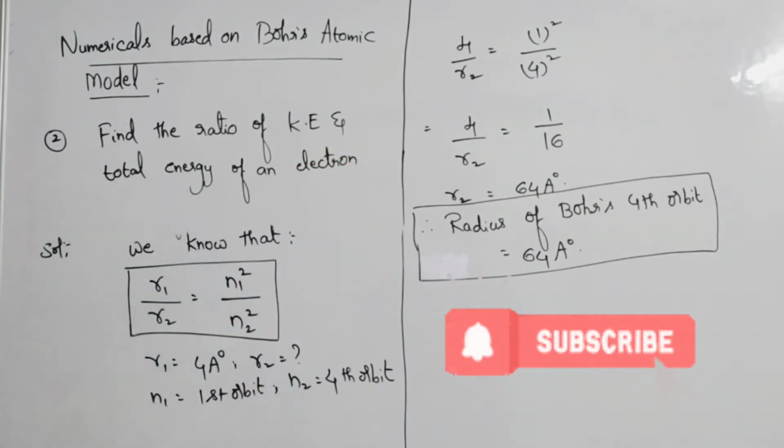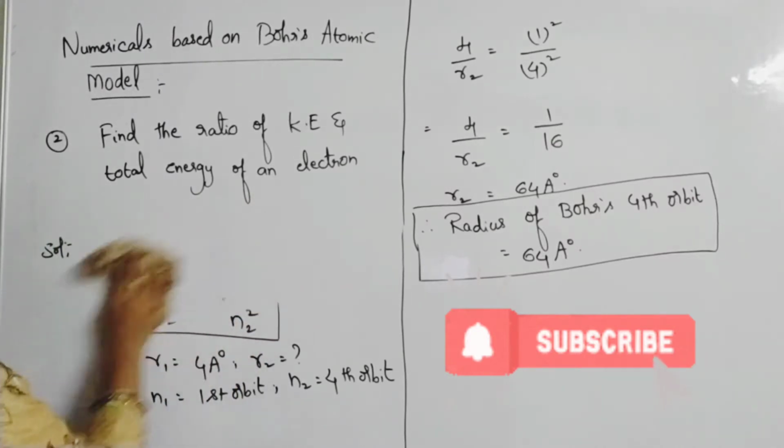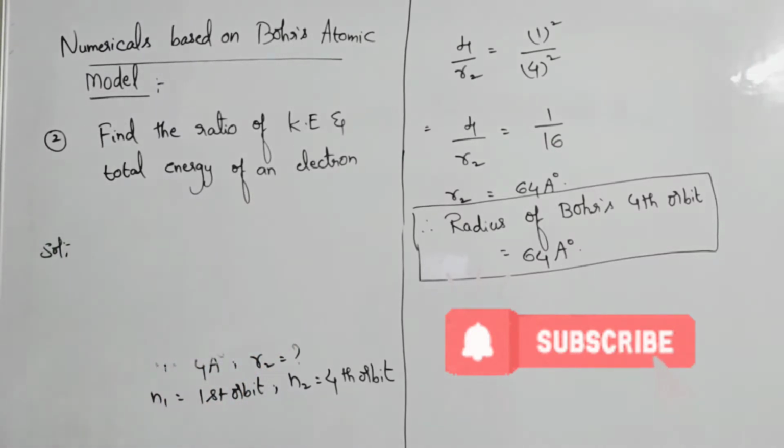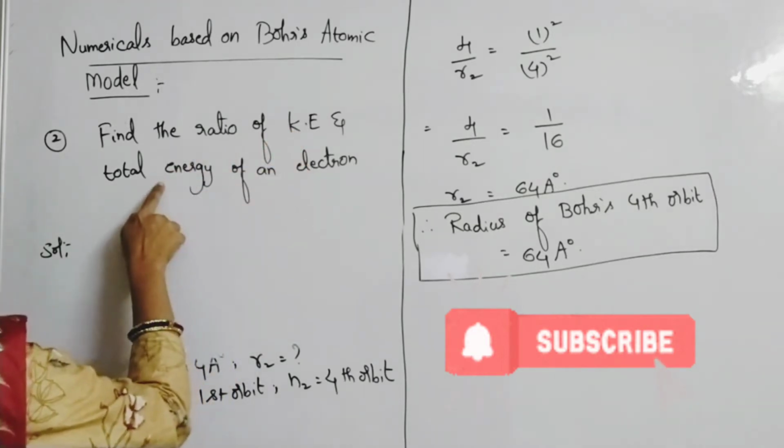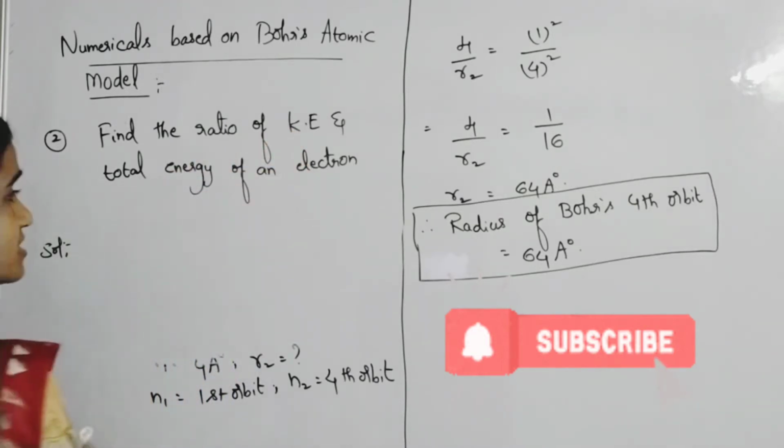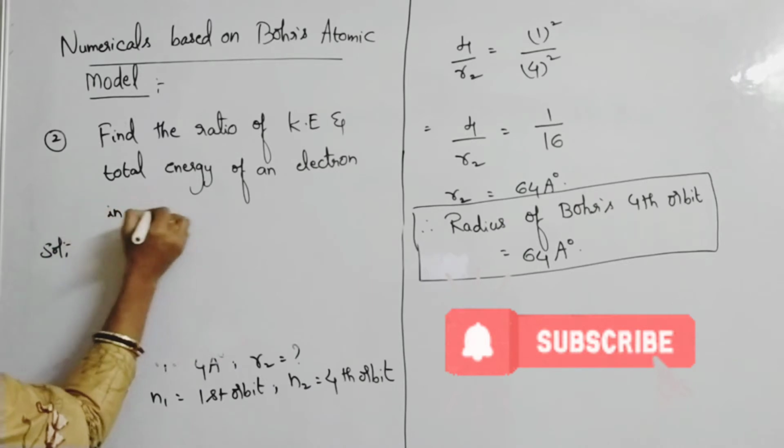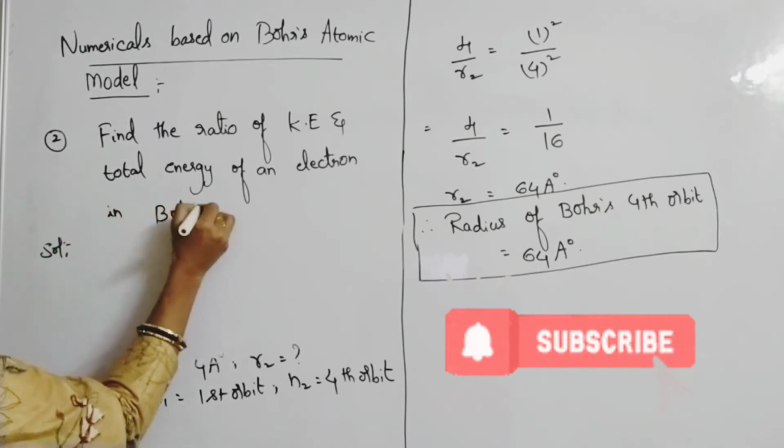Te means the total energy of an electron in Bohr's orbit.